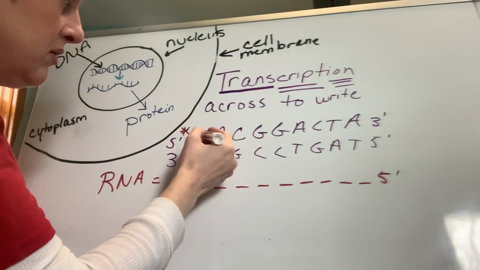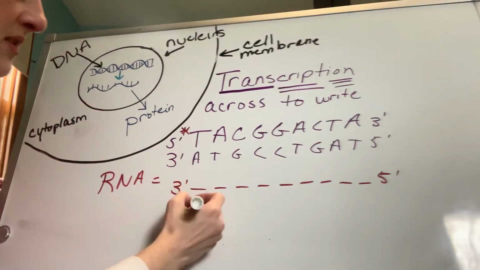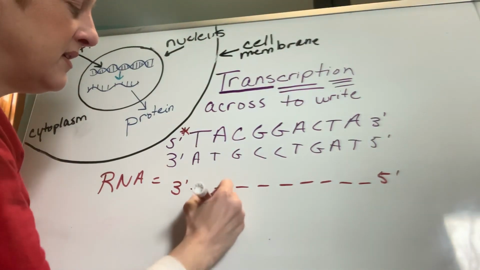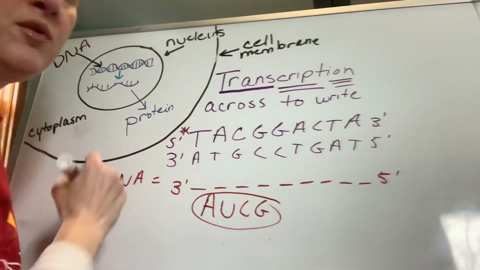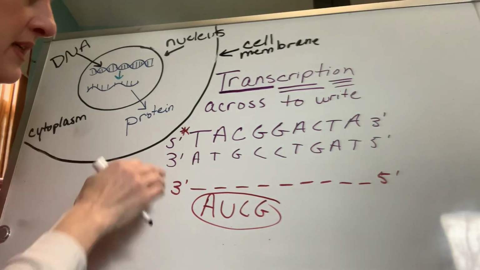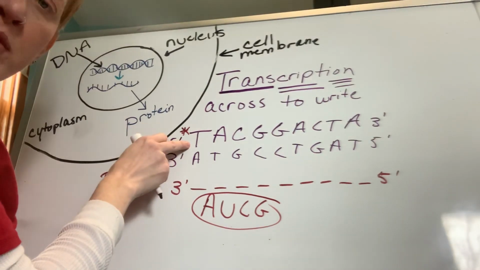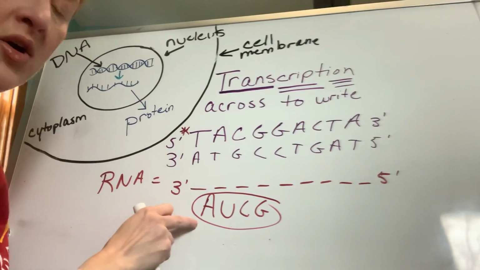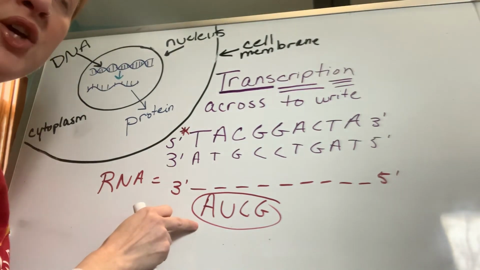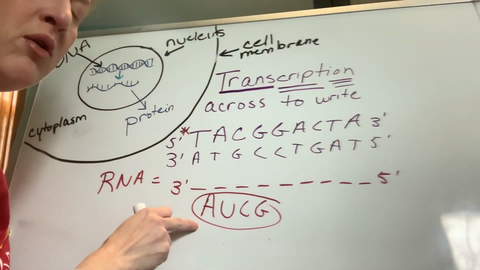Okay. So here's the thing, though. This is what's interesting: we no longer use thymine. DNA uses 4 letters of the alphabet: A, T, C, G. RNA uses A, U, C, G. We no longer use thymine.